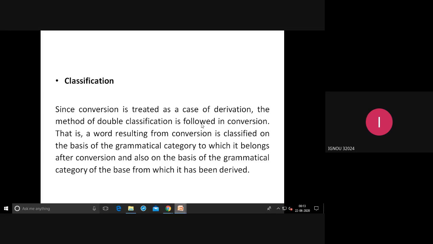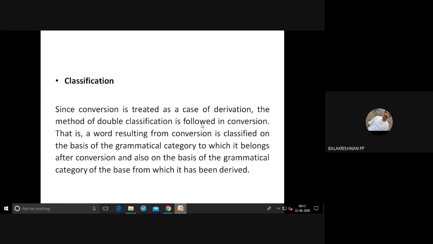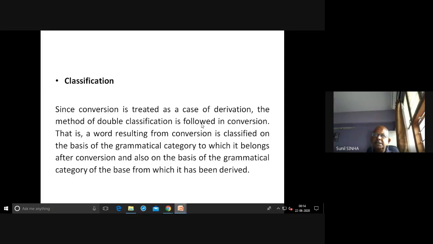The bottom side of the screen is not projecting slide number 6. Yes, it has come. Okay.